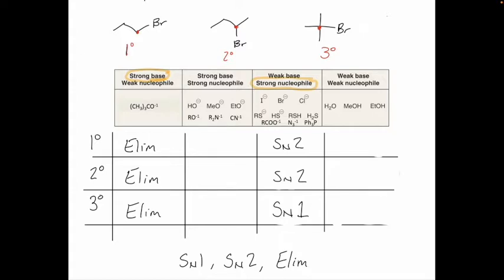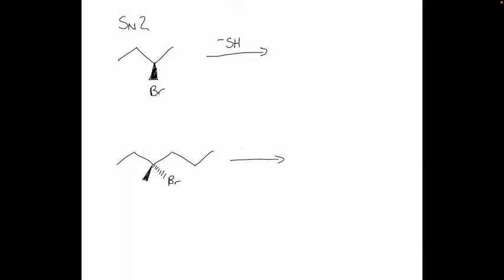All right, so let's see if we can remember the consequences of SN1 versus SN2. So we'll take one of our strong nucleophiles, weak bases, and we're going to compare this to what happens compared to a tertiary, which undergoes SN1.